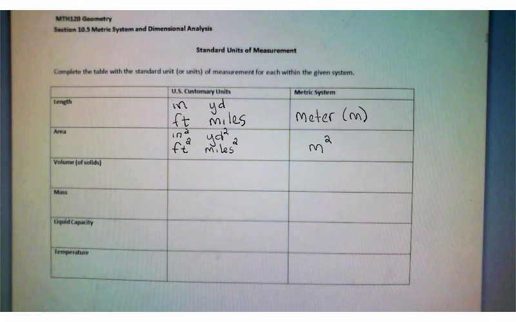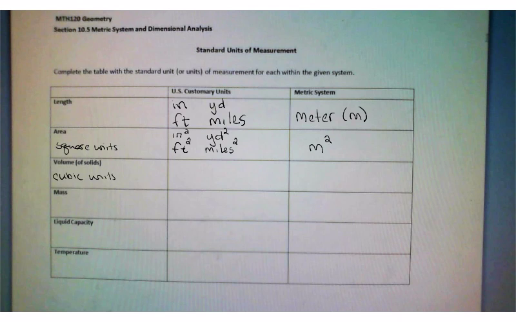Now, if you think about taking a square, which was the standard unit of area, and we give it the third dimension of height, what we've created is a cube. So volume is actually measured in cubic units. Area was square units.